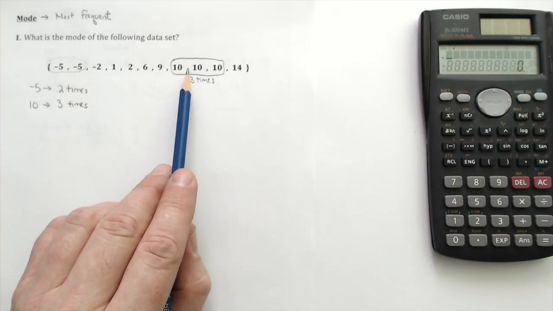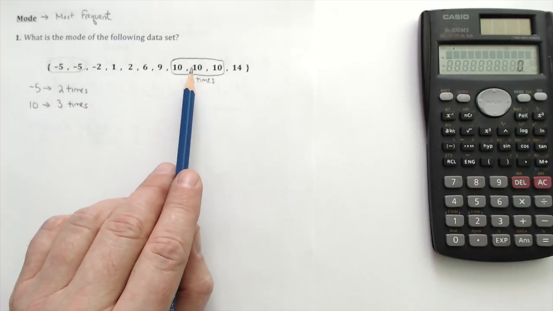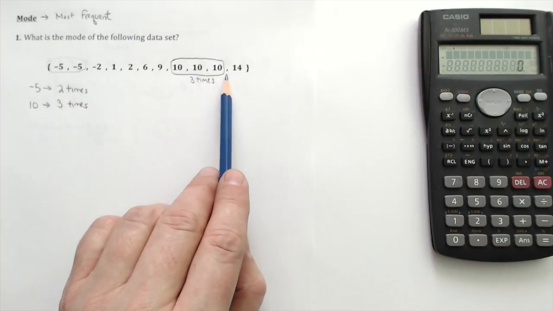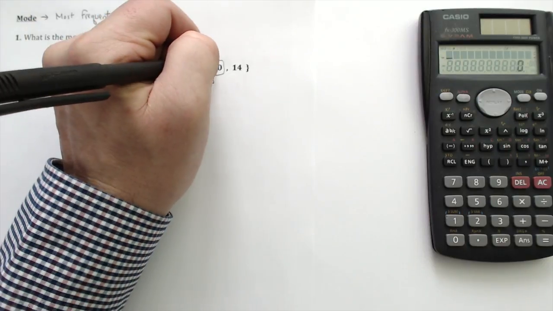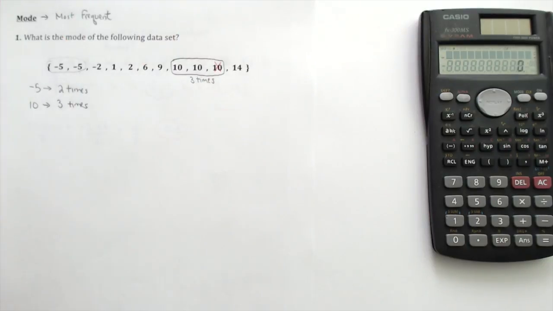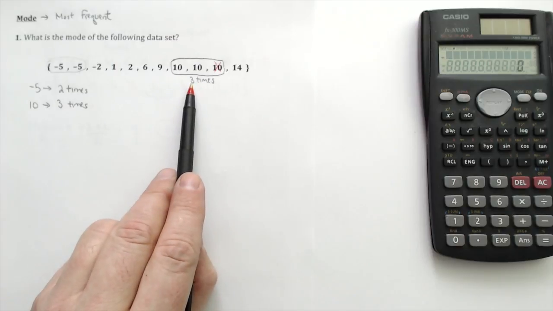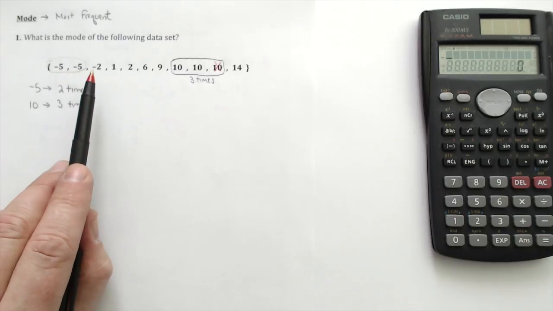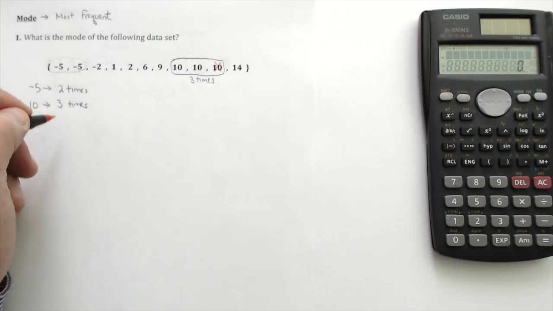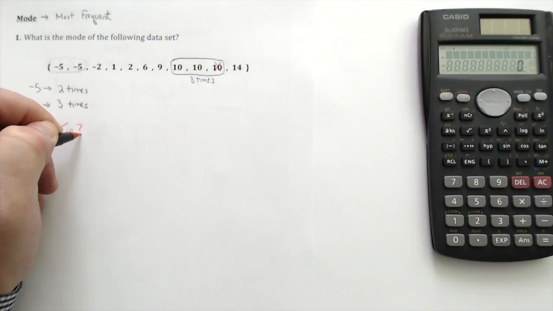The second thing to keep in mind, though, is in some instances, sometimes a set of data points will have a tie. In other words, if you imagine for a second that I take out that 10 right over there, now instead of 3 times, I would only have 2 10s, and I would have 2 negative 5s. And in that instance, you might ask yourself, well, what do you do when there's a tie? Right? When there's a tie, what happens?